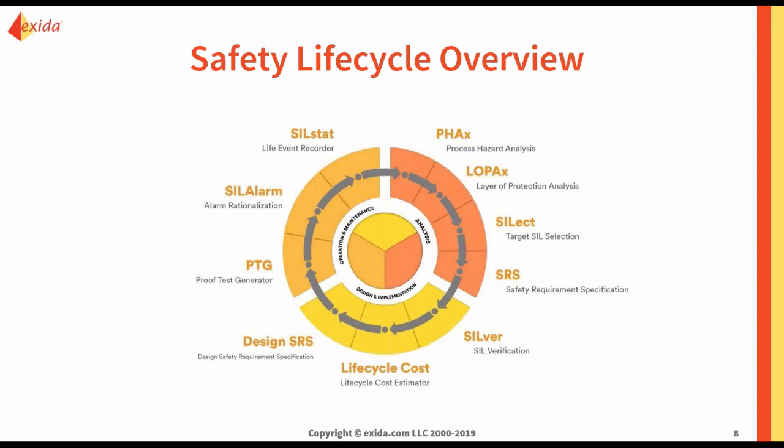And you want to know if they are in fact IPLs and if they've been given some risk reduction factor that will help during the rationalization process. So that's something that, again, you can leverage your analysis to jumpstart your alarm rationalization.